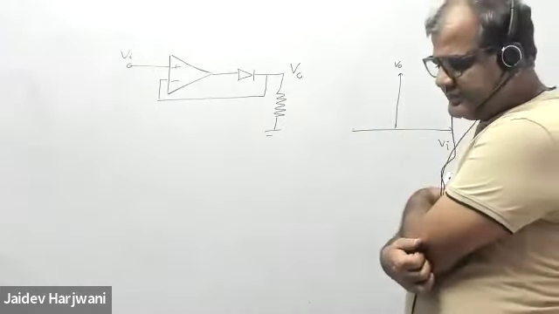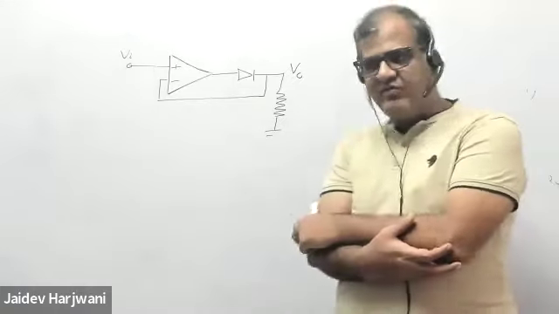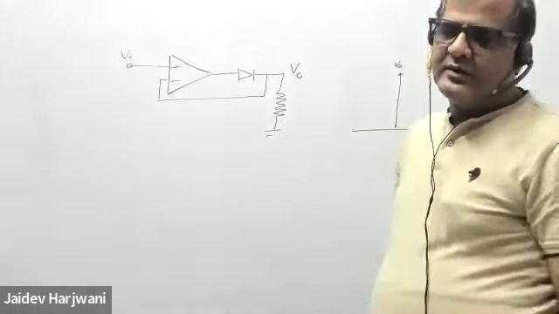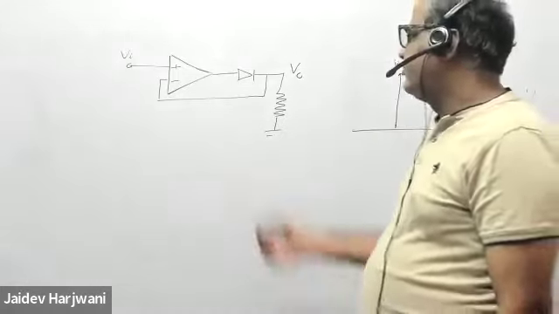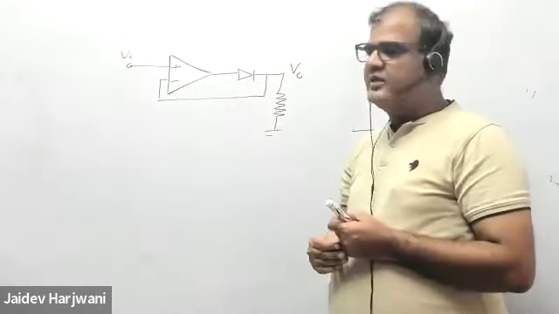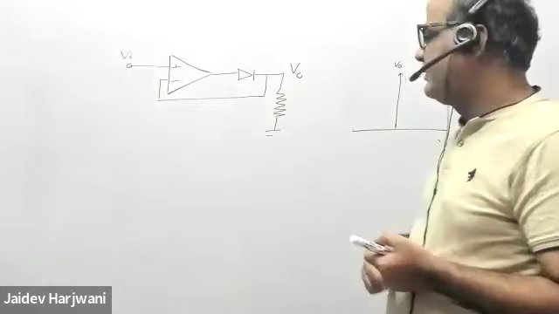A small signal means your signal is in millivolt or microvolt peak to peak, or the voltage is less than the threshold voltage of the diode, then you cannot use direct rectification. So we do it using an op amp.